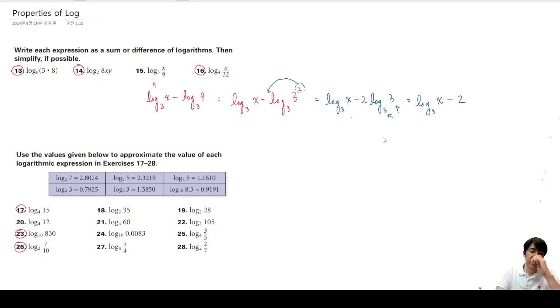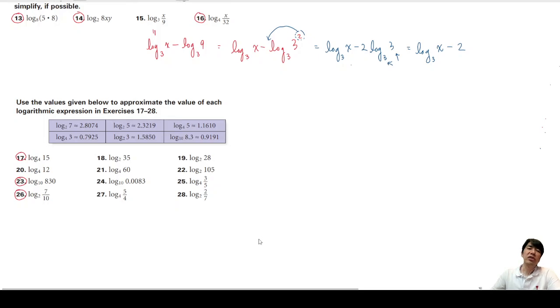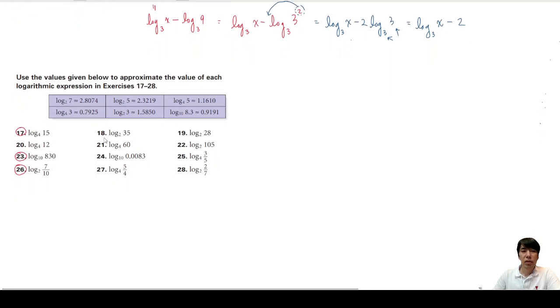Next one. Use the values given below to approximate the value of each logarithmic expression. Let's look at 18. Log base 2 of 35.